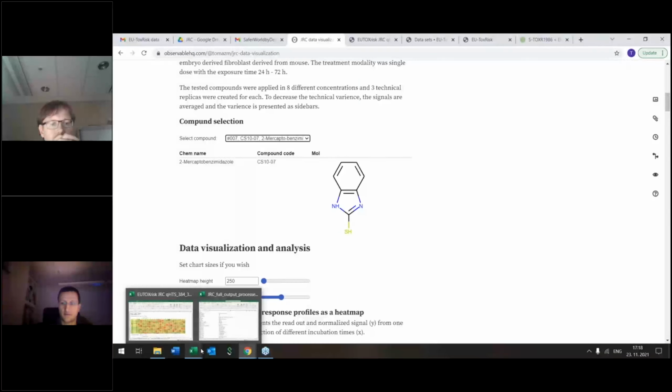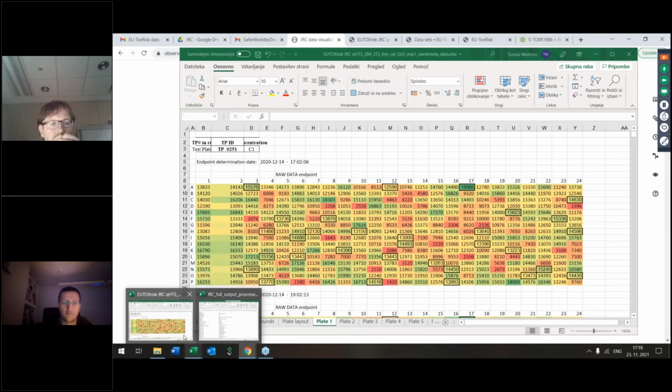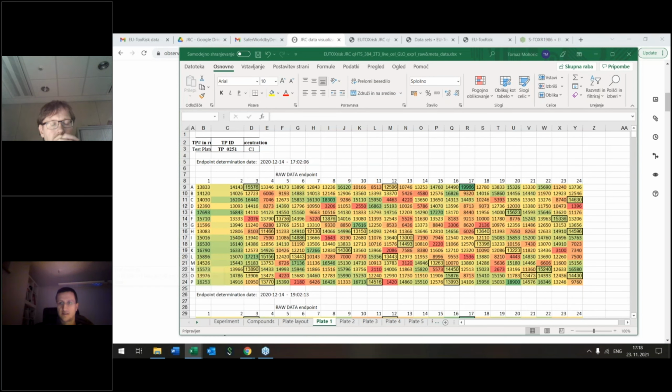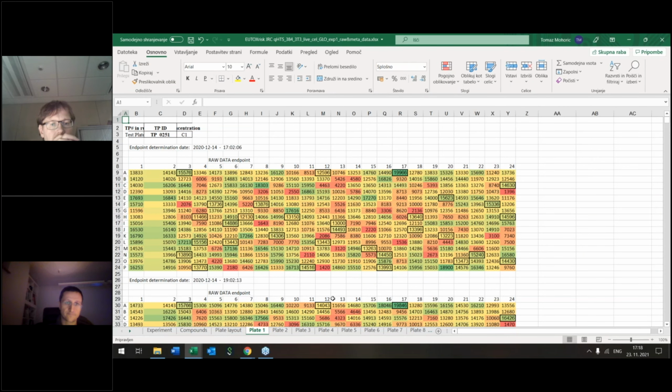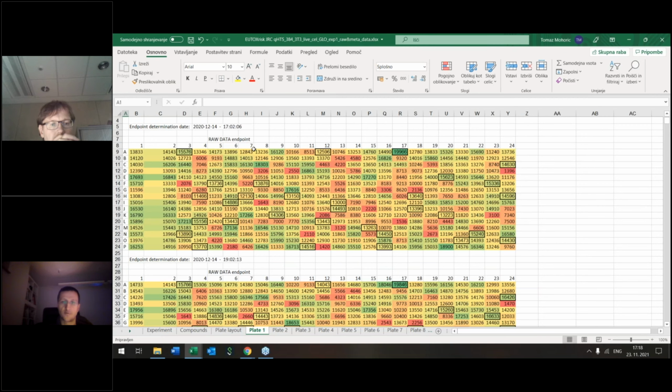So the challenging part that we had, for example, this is an example of raw data from the JRC. The challenging part was then also to create customized workflows to convert raw data.